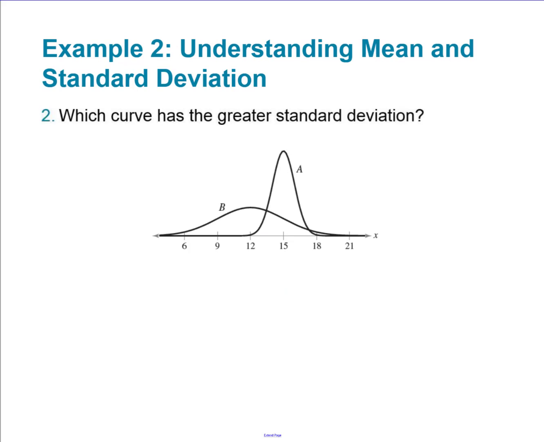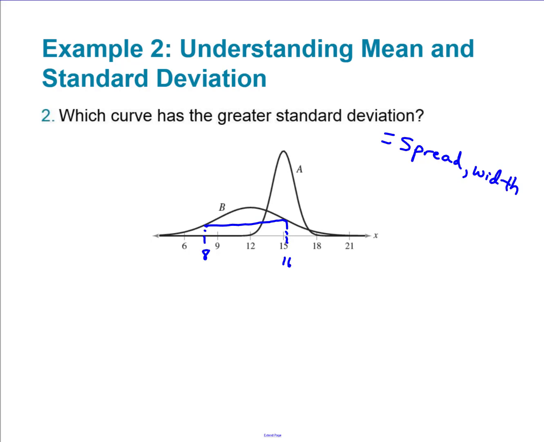Now, same two normal distributions. Which of these two curves has the greater standard deviation? Remember, for standard deviation, we're looking for our spread of the data, or the width. So how wide is it? Remember, the larger the standard deviation, the wider the graph. If we look, graph A's inflection points are somewhere around maybe 8 and 16.